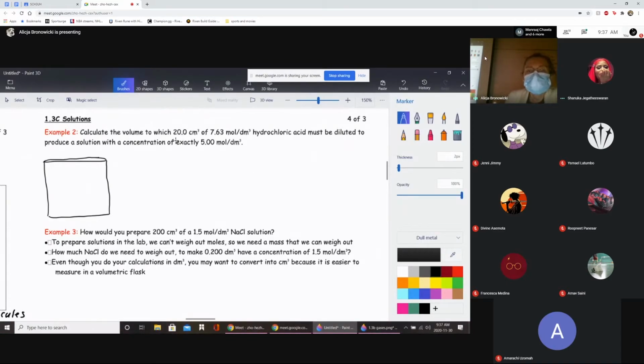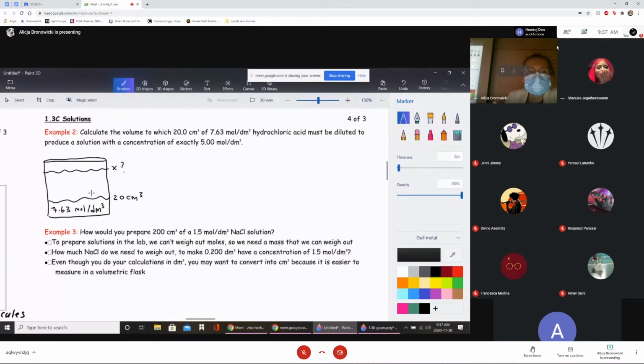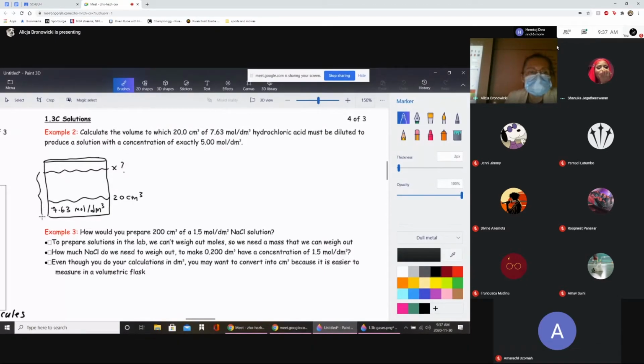So I have 20 cubic centimeters of something that has a concentration of 7.63 mole per liter. I am going to dilute this, I don't know to what, but I want my new concentration to be 5.00 mole per liter.